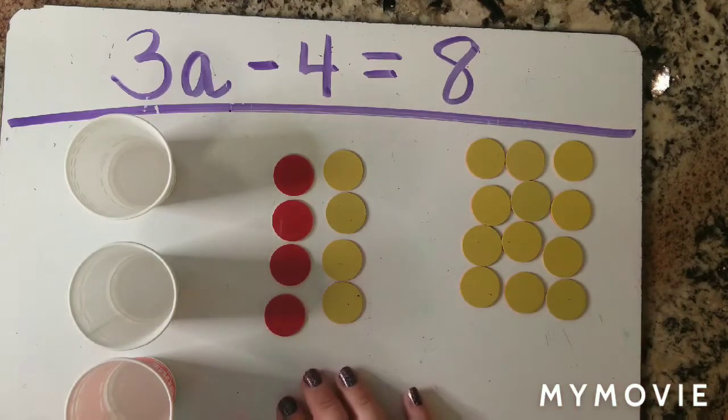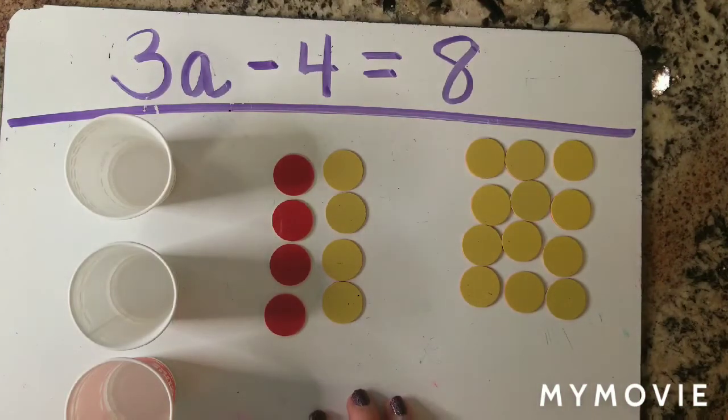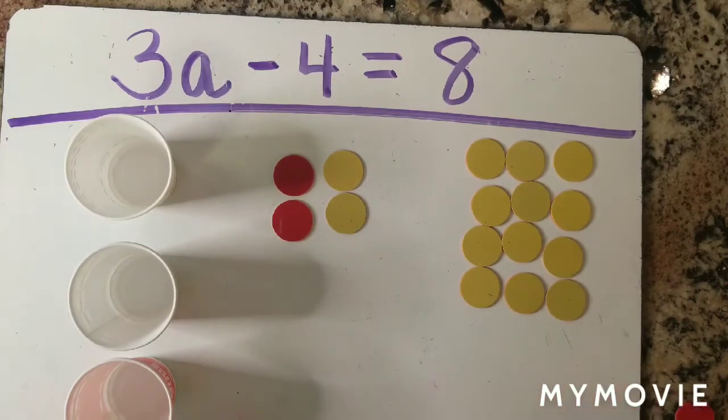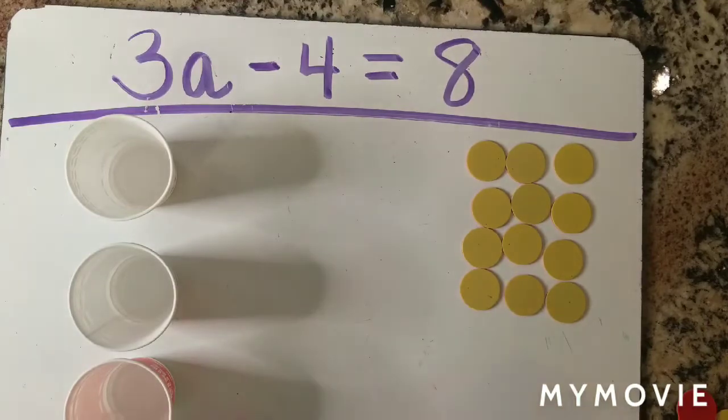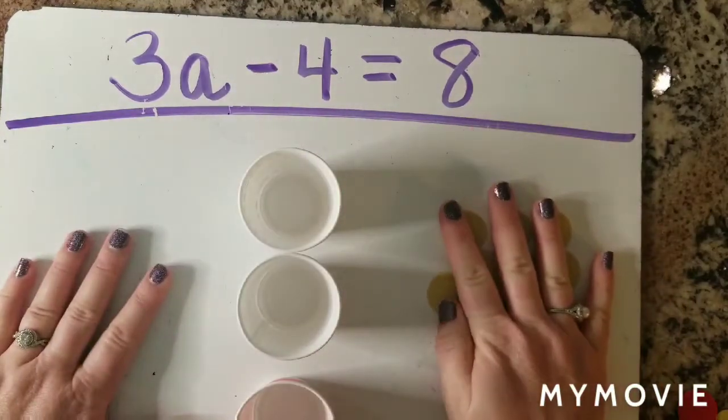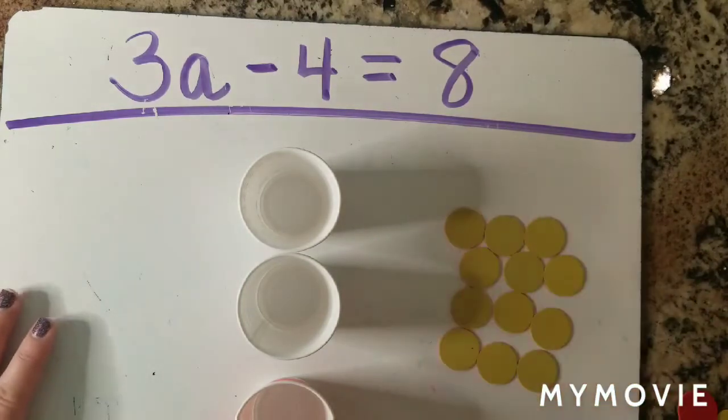Okay, so now I can get rid of my additive inverses, which equals 0. So I can get rid of these. And now I'm left with 3a equals 12, positive 12.